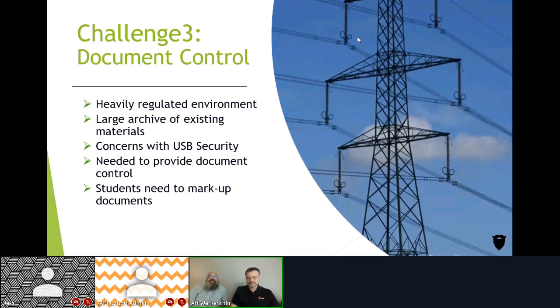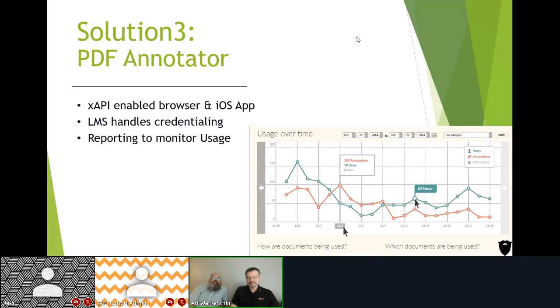So what we did is we built two annotators. One is a browser-based annotator that will open up a PDF. The LMS handles credentialing, and then I can go in and modify and update information inside that PDF while I'm at a computer in a training room.